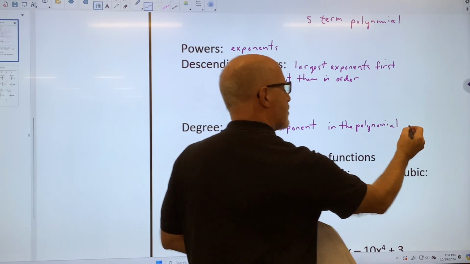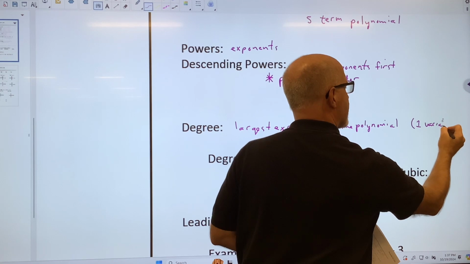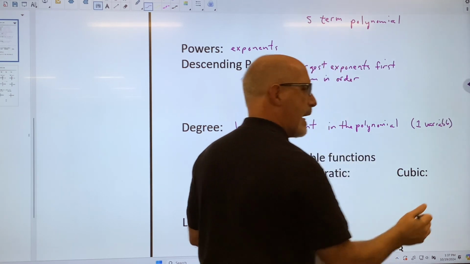This is when we have just one variable, like all of the variables are x's or all the variables are y's.